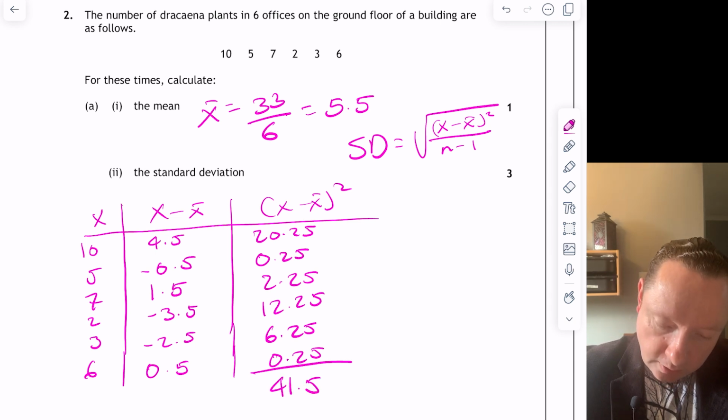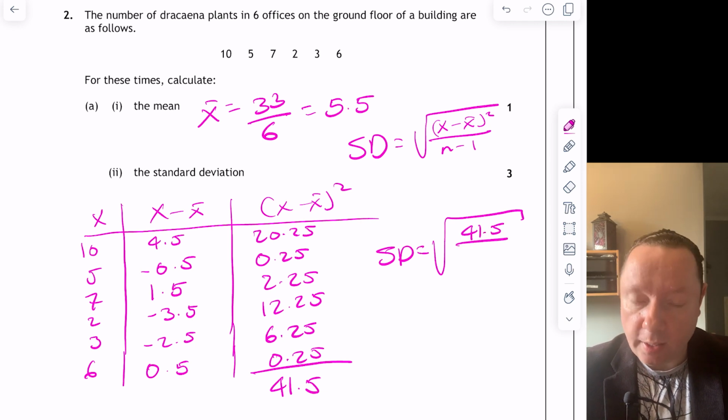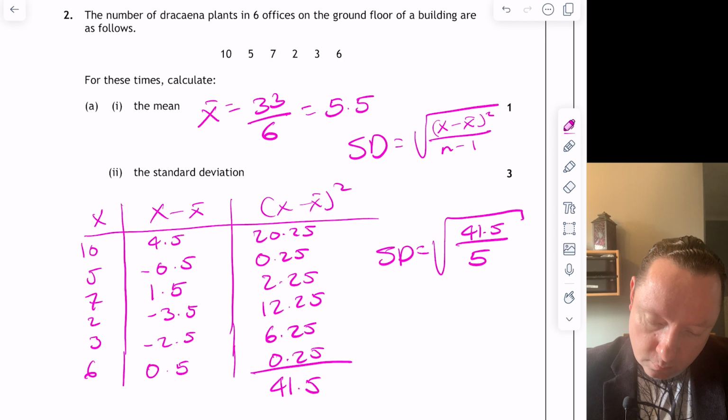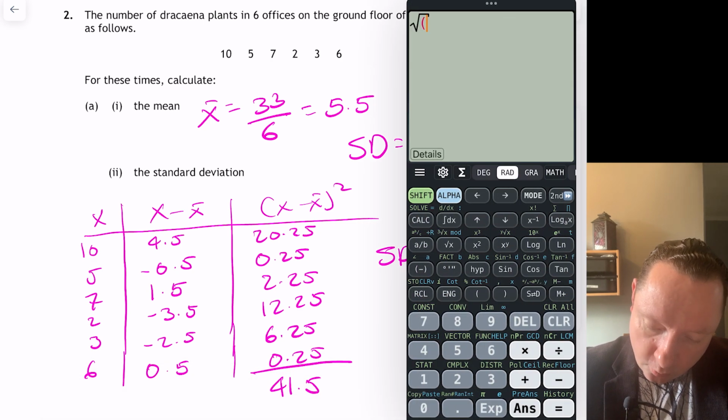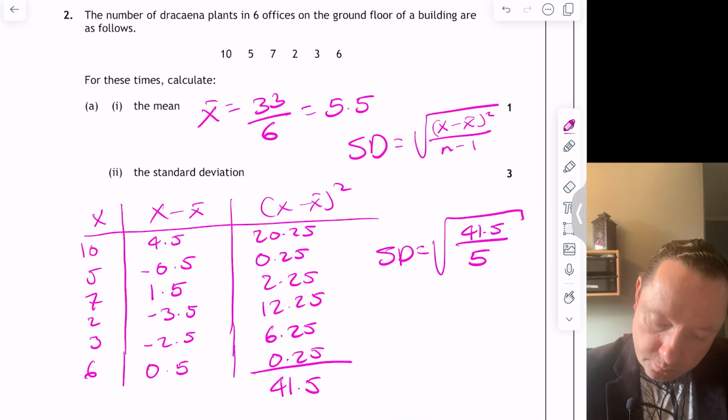So now your standard deviation is the square root of 41.5 all over 5, because it's one less than the number of values. Square root, brackets, 41.5 over 5, close the brackets: 2.88 roughly. And we're done there.